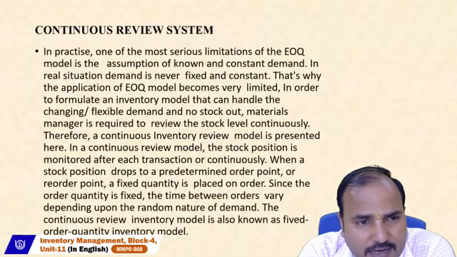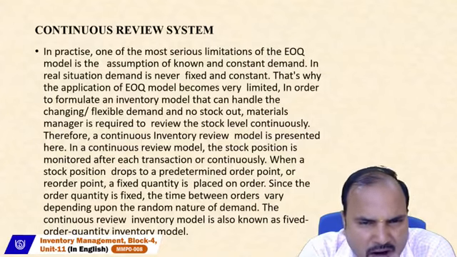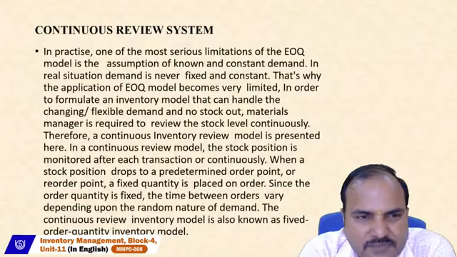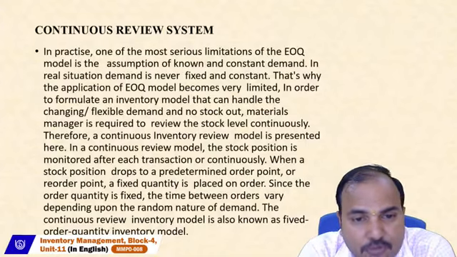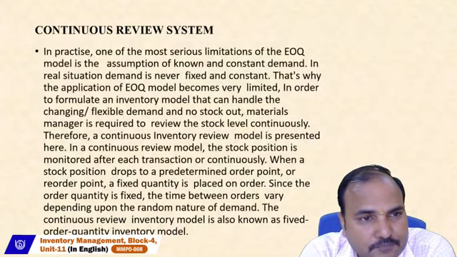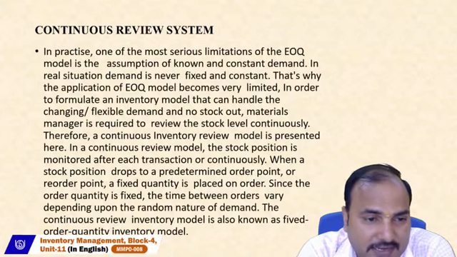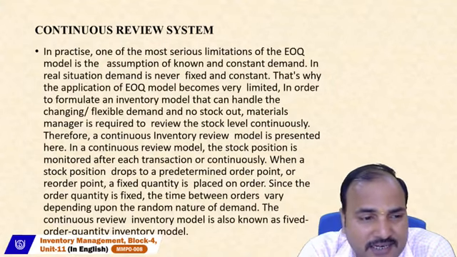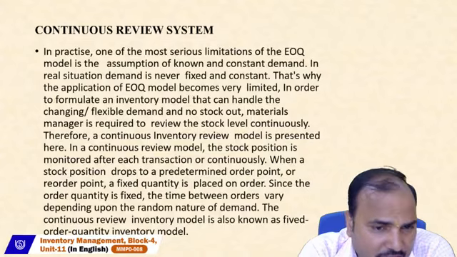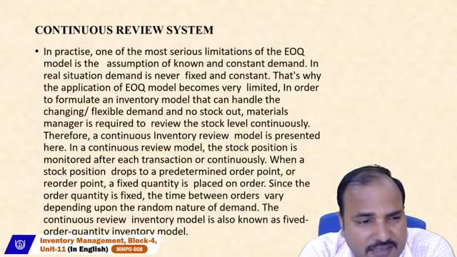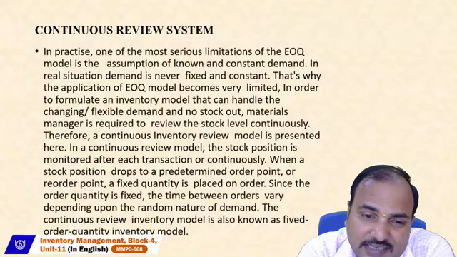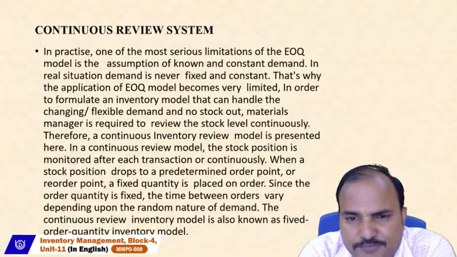And in order to formulate an inventory model that can handle changing, flexible demand, and no stock out, the materials manager is required to review the stock level continuously. Therefore, a continuous inventory review model is presented here. In a continuous review model, the stock position is monitored after each transaction or continuously.